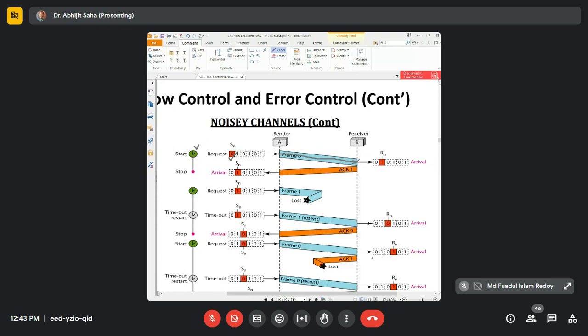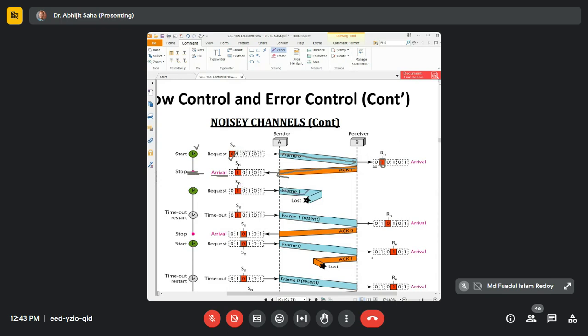When the receiver has received that 0, he gives the next sequence number he would like to receive, that is 1. So he gives acknowledgement number 1, and when this acknowledgement arrives, the clock is stopped. Now the sender knows that the receiver has received the 0 sequence frame correctly, so he is going to send the 1. Now he is sending the 1 here.